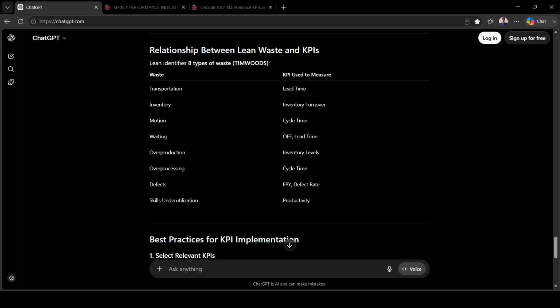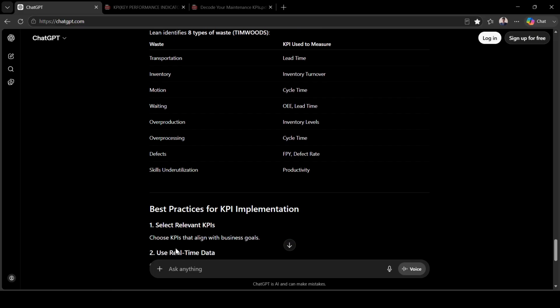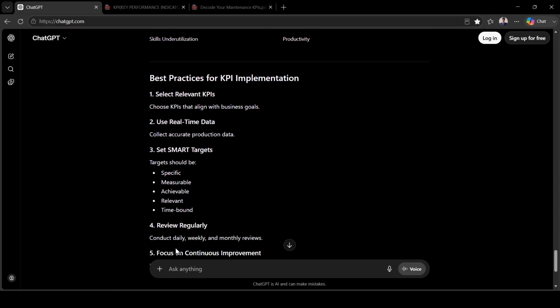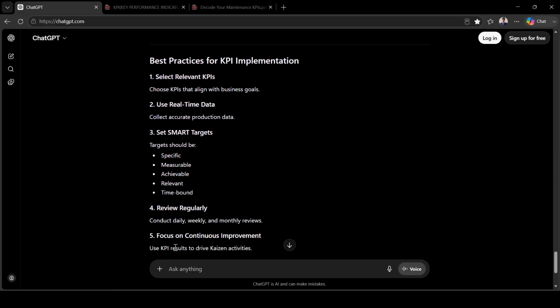Transportation: lead time, inventory turnover. Motion: cycle time. Waiting: OEE, lead time. Overproduction: inventory level. Over-processing: cycle time. Defects: first pass yield, defect rate. Skill underutilization: productivity.